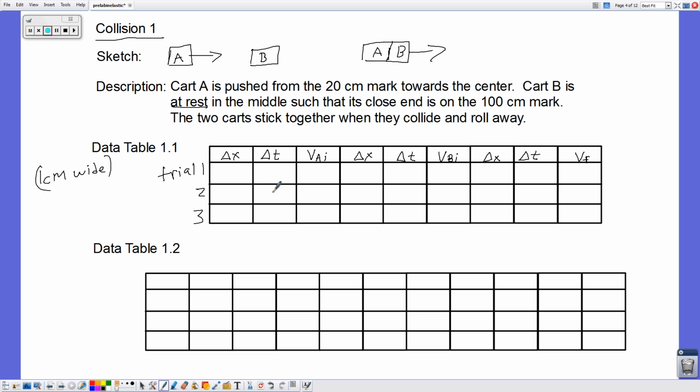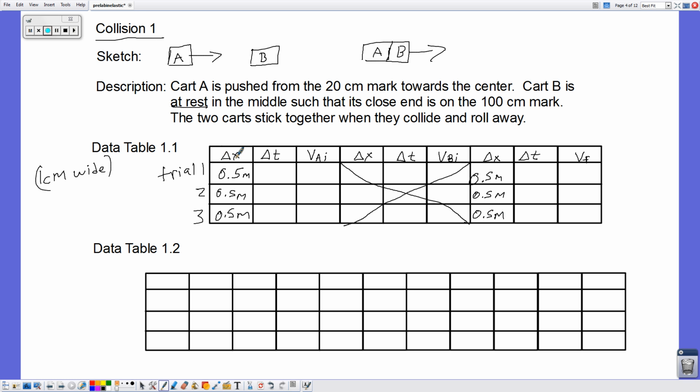All right, now, cool thing here. This is 0.5 meters. I want you to write this down, but you're not going to use it for this collision. You got this. This will also be 0.5, 0.5, and 0.5.